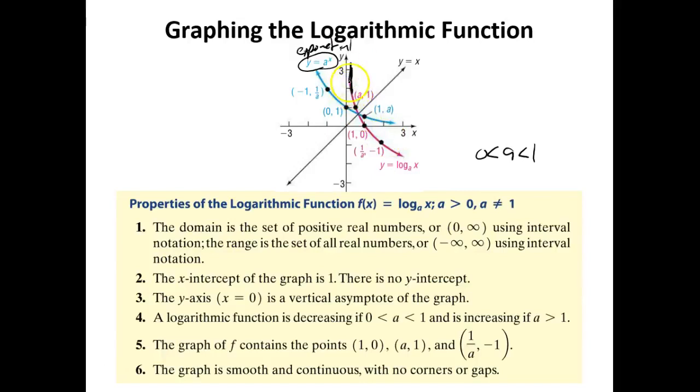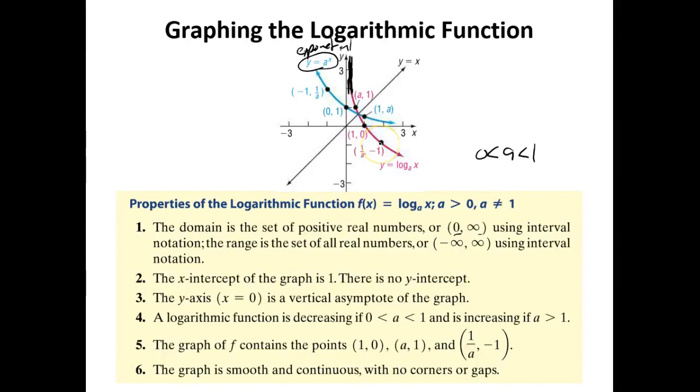This inverse, or this log, is never actually going to go farther than the x equals 0 line, the y-axis. The domain is from 0 to infinity. The range starts very, very high and keeps on going down low, so negative infinity to positive infinity. The x-intercept is (1, 0).